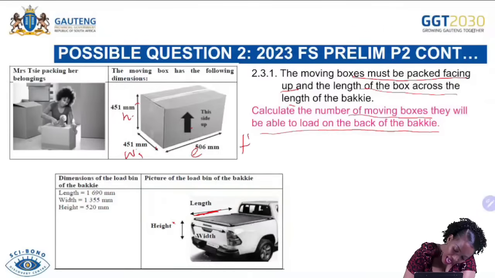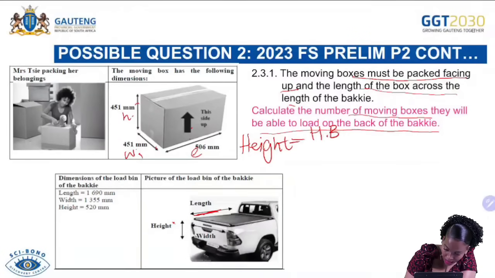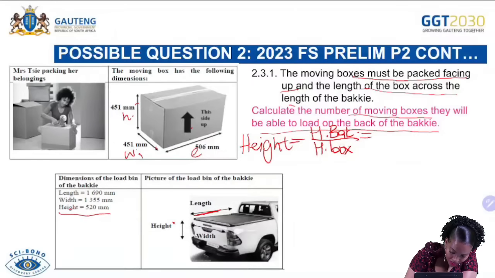I'm going to start with the height. Across the height, it will be the height of the bakkie over the height of the box. What is the height of the bakkie? It is given there. It is 520 millimeters over what is the height of the box?